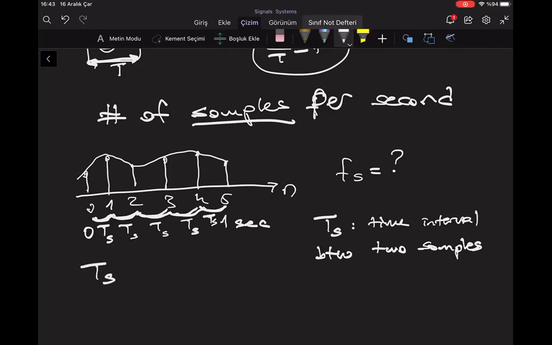TS is fixed, okay? I'm using a fixed time duration between two samples. This is my first sample, but I have to look at how much time did pass from the first sample to the second sample.